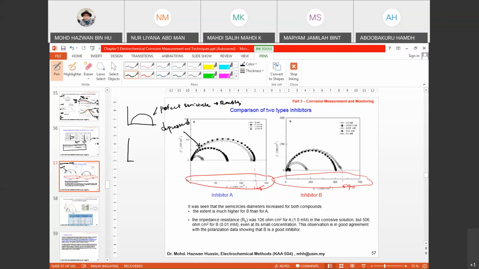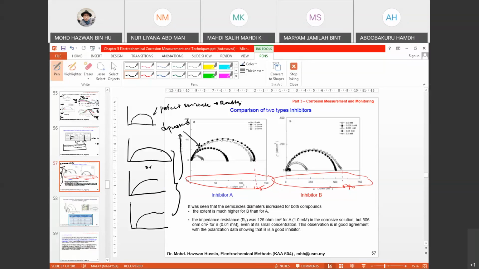But if you get your Nyquist plot somewhat depressed like that, or sometimes it becomes just like that, not forming a full semicircle, then we call this plot to experience a so-called depression.